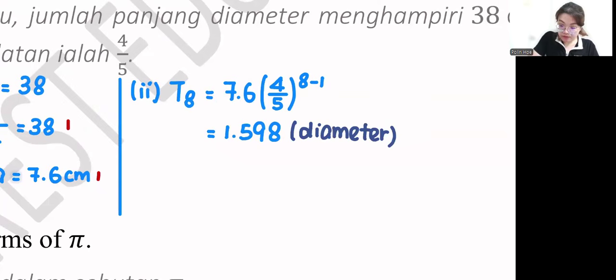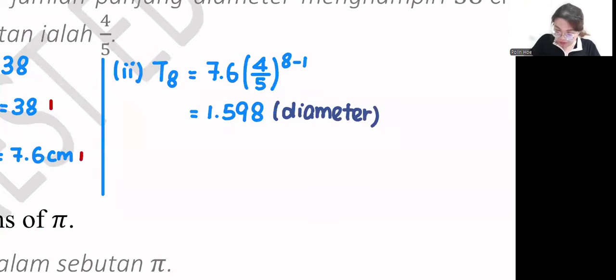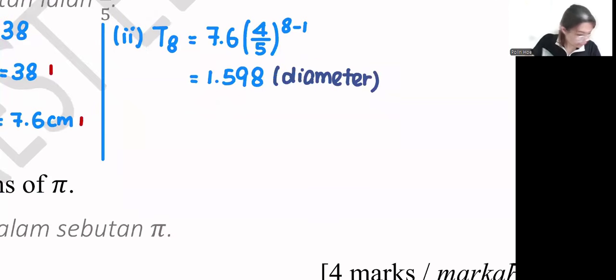But what I want to know is the arc length. I need the radius, correct? Arc length, the formula will be r theta.